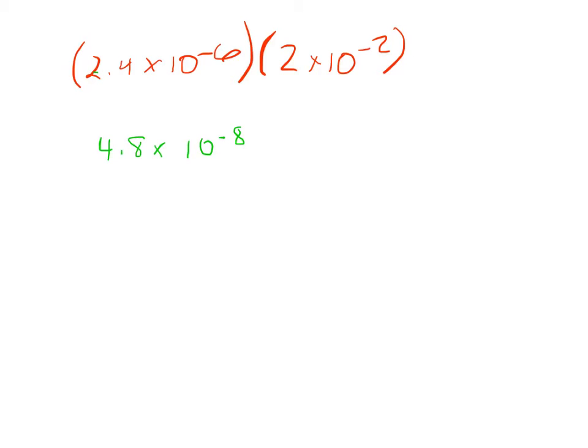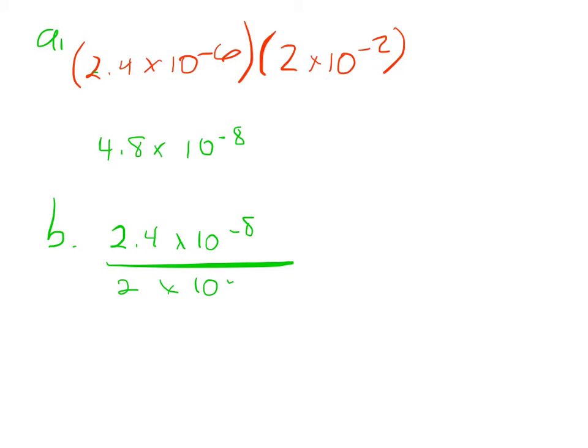All right. Next, this is A, so we've got room here for B. We have 2.4 times 10 to the negative 8th. Because it's division, we don't have to worry so much about parentheses here. All right, 2.4 divided by 2, so we're just going to work on that there.